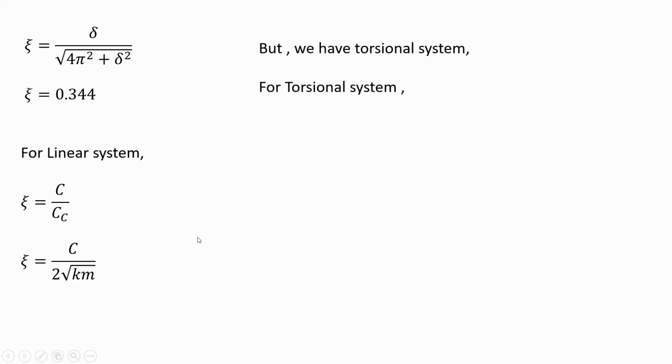So for torsional system, instead of C, it will be Ct, and instead of Cc, it will be Cct, T for torsional system. So the value of Cct, that is critical damping coefficient, in the linear system is 2 root Km. Over here, replace this K by Kt and M by I.